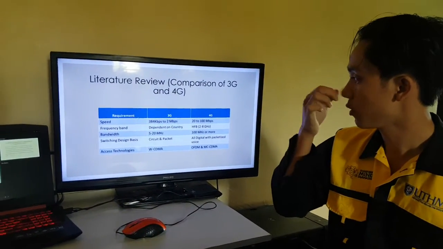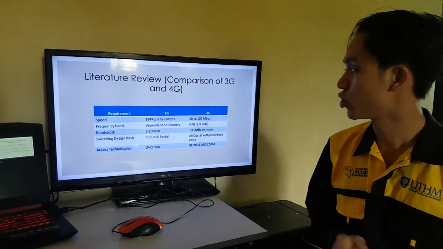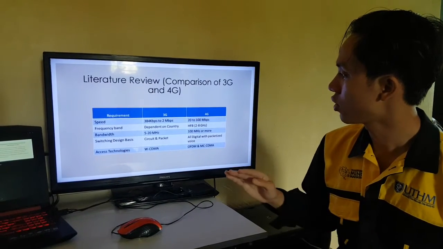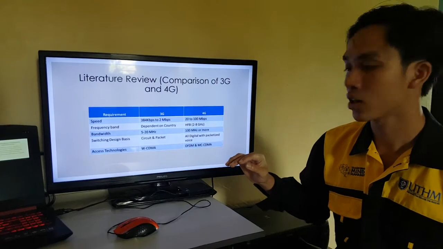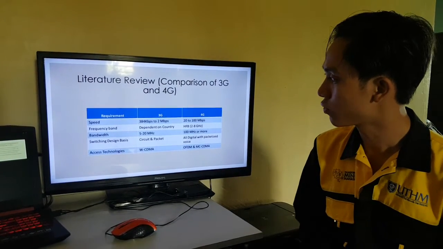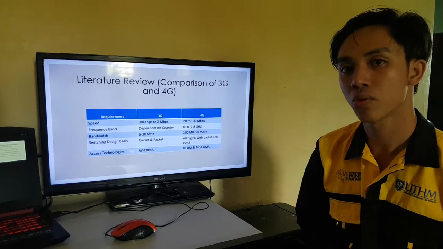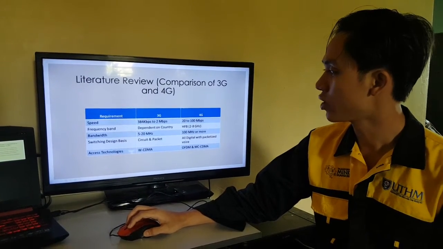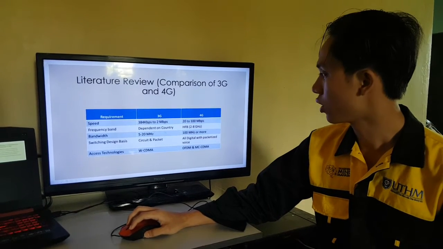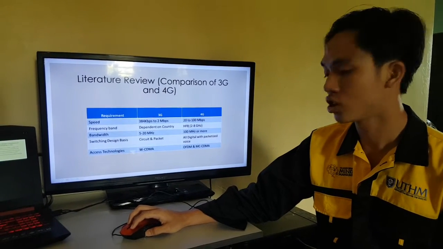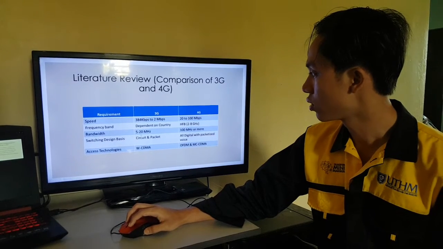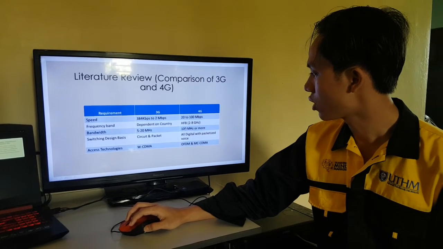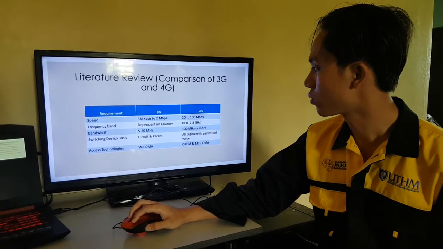As you can see, the difference between 3G and 4G: the speed for the 4G standard is 20 megabit per second to 100 megabit per second. For 3G, it's only 384 kilobit to 2 megabit, while the frequency band is dependent on country, and 4G is a high frequency band, which is 2 to 8 gigahertz, and the bandwidth is 100 megahertz or more.